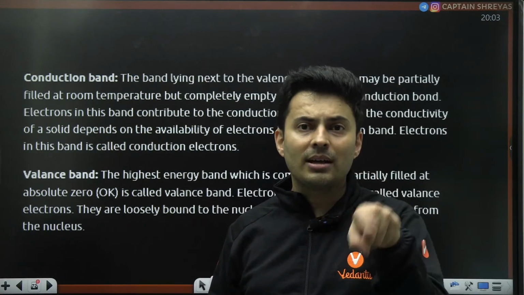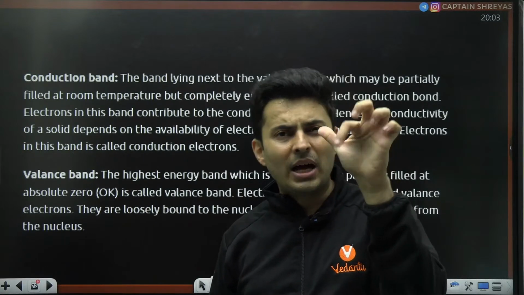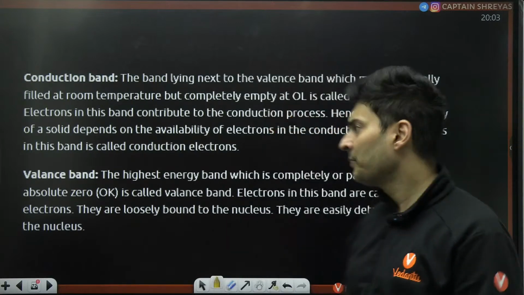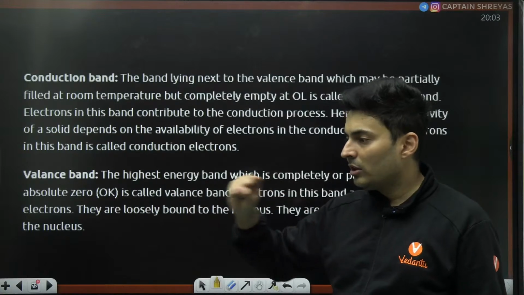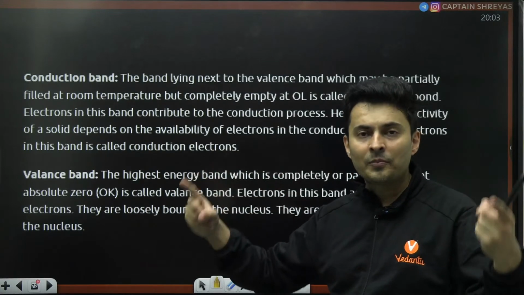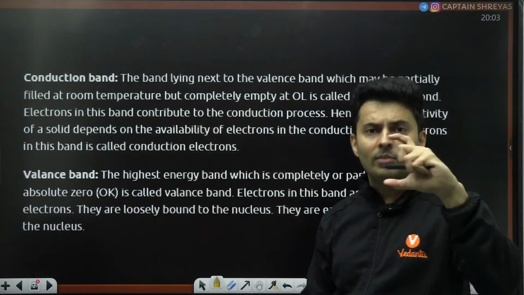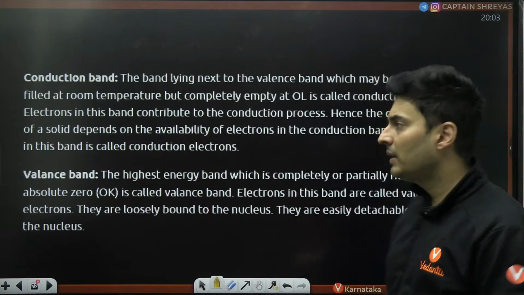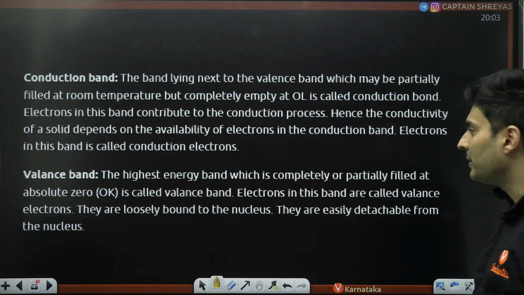So they are not completely satisfying the valency of the orbit; they are partially filled or completely empty. So that is basically your conduction band. Valence band is where valency is complete. All those electrons which complete the orbit and satisfy the valency, when they interact, form the valence band. They are just below the conduction band, and they do not participate in the conduction of electricity.